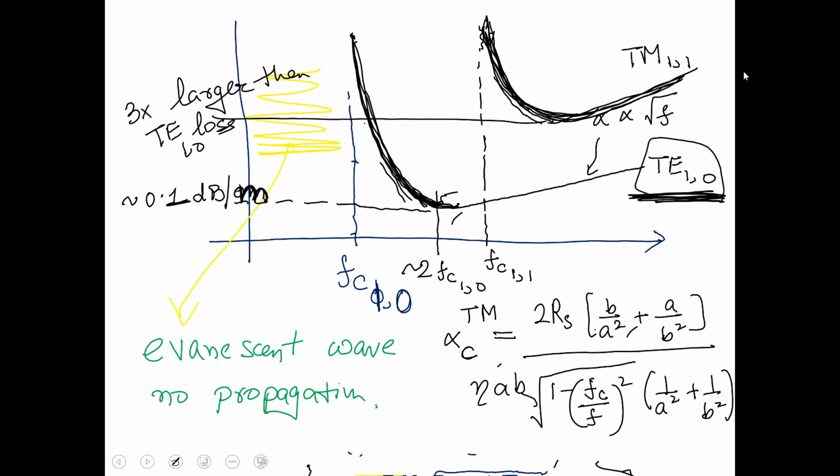So if I go from 10 gigahertz to 1000 gigahertz, my loss has increased by a factor of 10. That loss becomes prohibitive at terahertz. These rectangular waveguides start to become a problem. So people have started to use dielectric waveguides there.